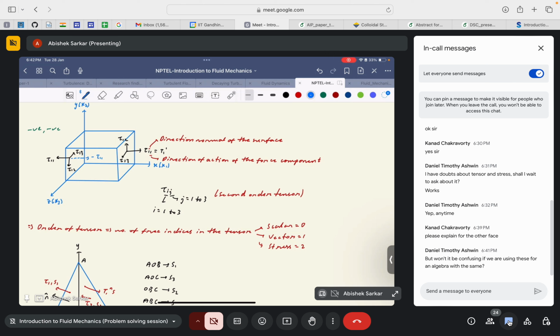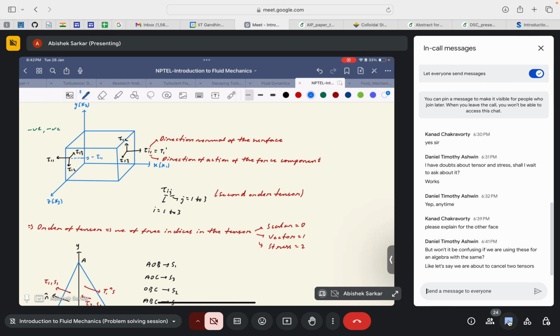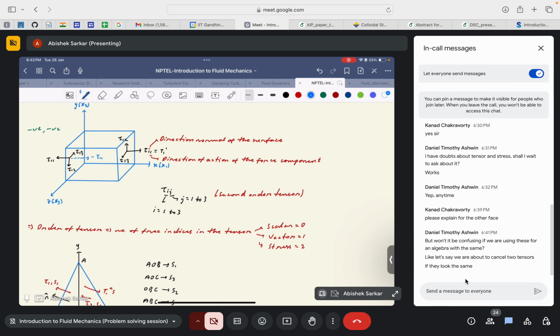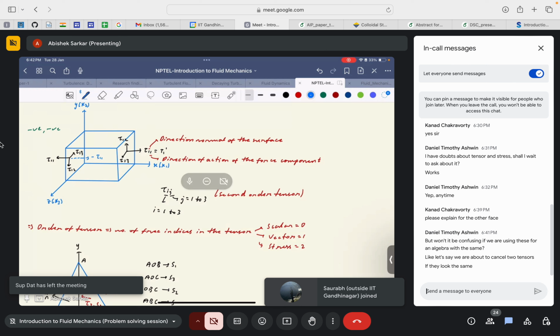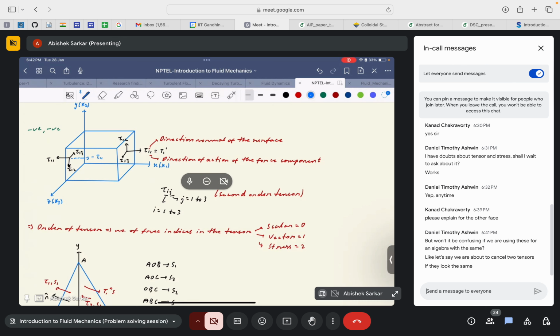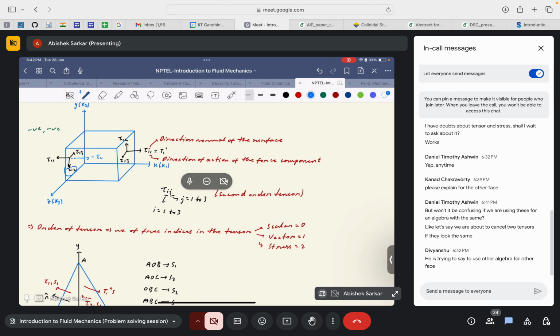See, in most cases you will use the components of this stress to find the force. Let's say we are about to cancel these two tensors. Of course, this tau 1 1 and tau 1 1 in opposite directions will cancel out, right? So the contributions that we will have would be from tau 1 2 and these stress components, and this will tend to give a rotation to this particular fluid element.